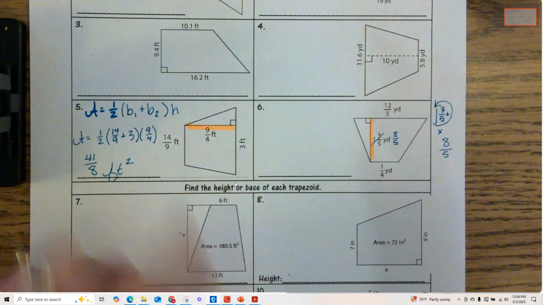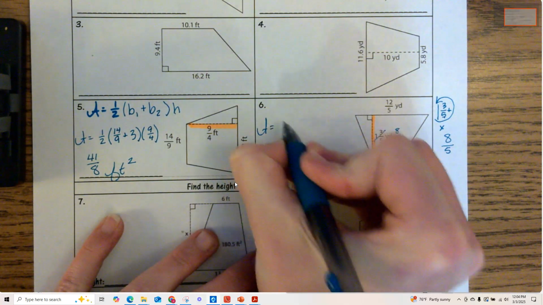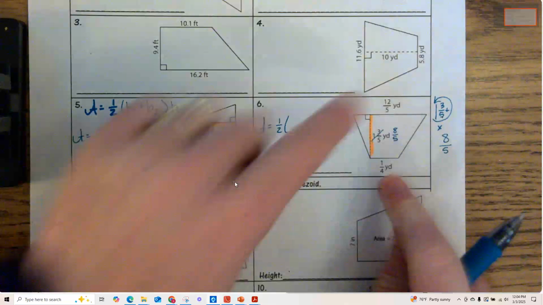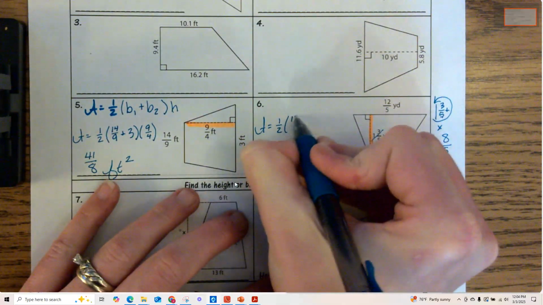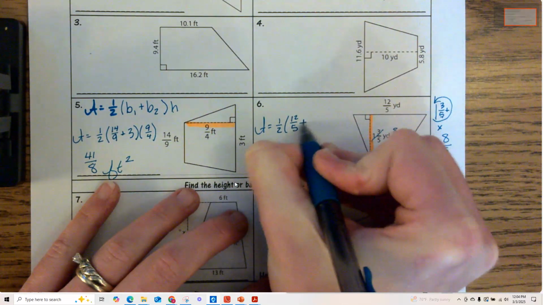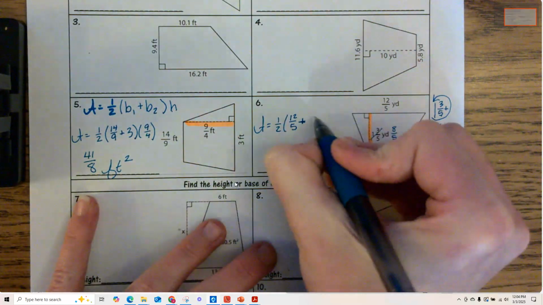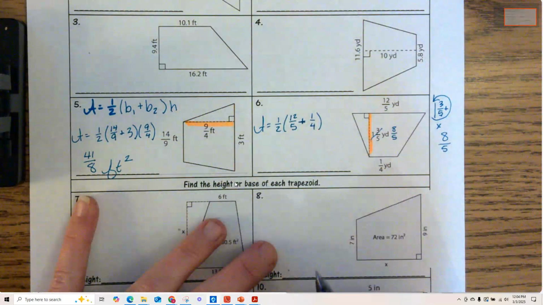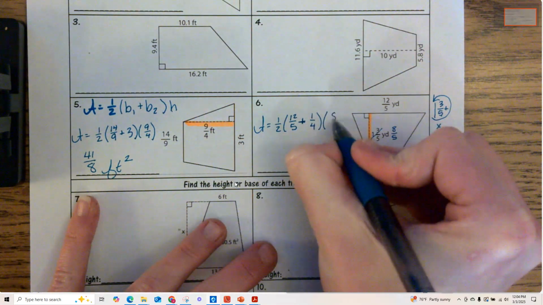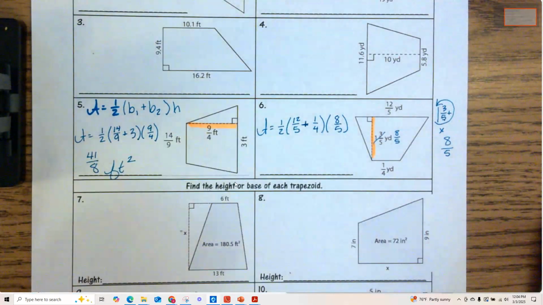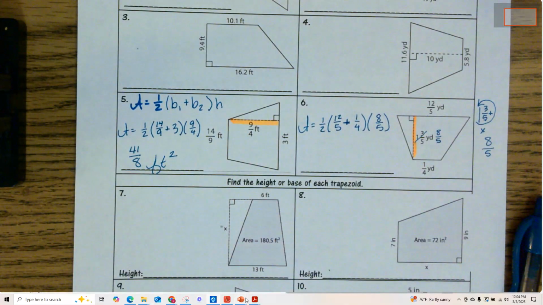Same formula, we're going to use it again. So 1/2, so these are my bases. 12/5, and it's plus, we add the bases together, 1/4, and then we're going to use that 8/5 for our height. Okay, type it all in at one time on these.